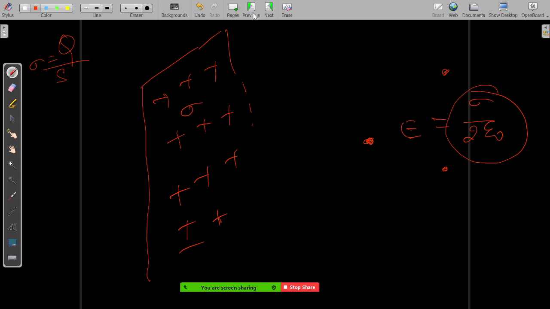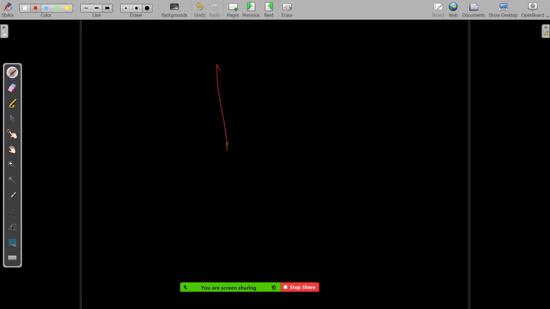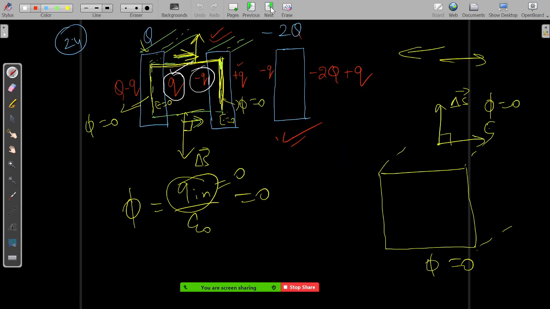Similarly, you can assume in this kind of question that since these plates are very large, the electric field doesn't depend on the distance from the charges. What I mean to say is, this was your first plate, and when I want to calculate the electric field here, this was your charge, and there was another plate with minus 2q plus q.